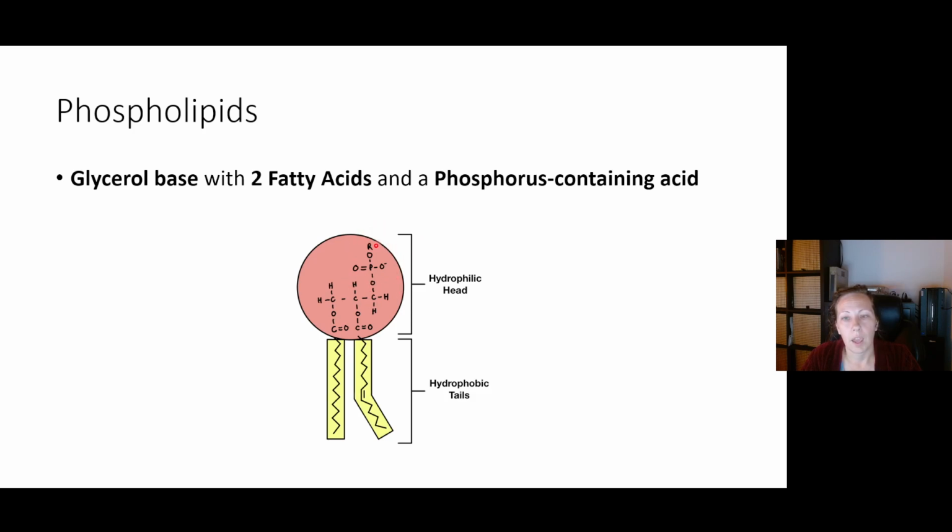Okay, and this phosphorus part, as well as the rest of the glycerol, is, well, really, the phosphorus part is water-loving, it's hydrophilic. The fatty acids, of course, are hydrophobic. They're still nonpolar. This phosphorus part is polar, it is water-loving, and the fatty acid is nonpolar and hydrophobic.